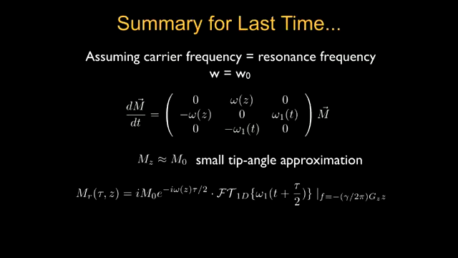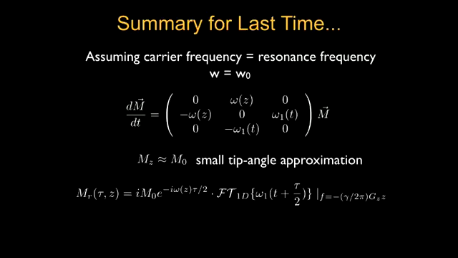Okay? All right. So this is the tool that, for a given RF waveform and a given gradient waveform, lets you calculate the slice profile. This is an analytical solution, right?